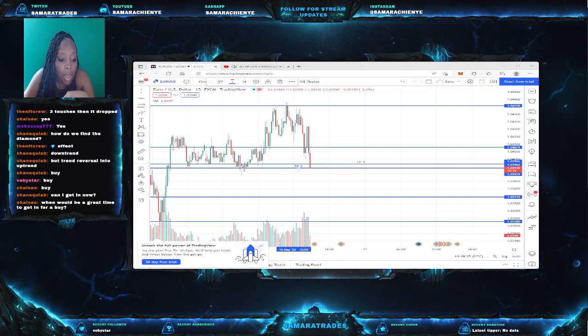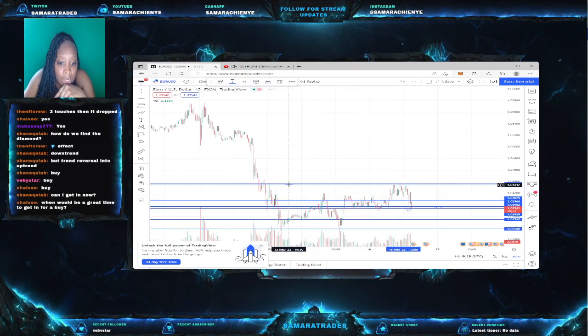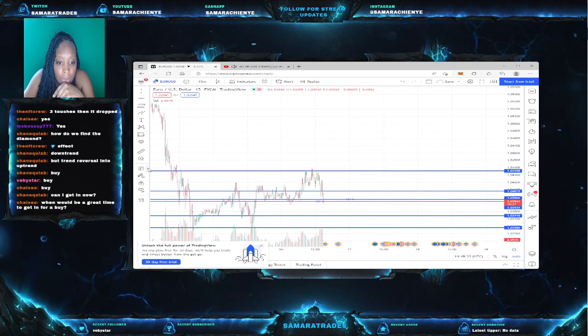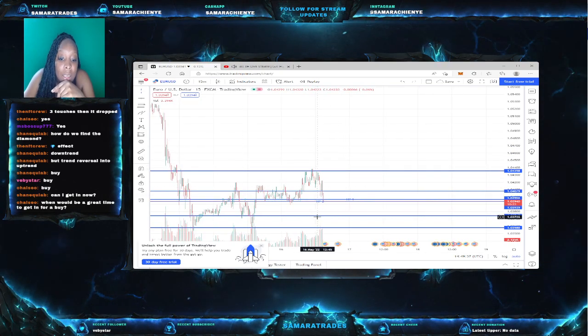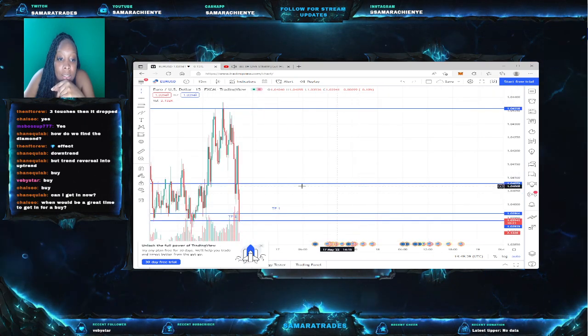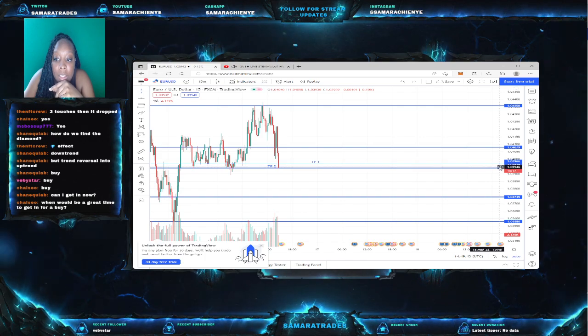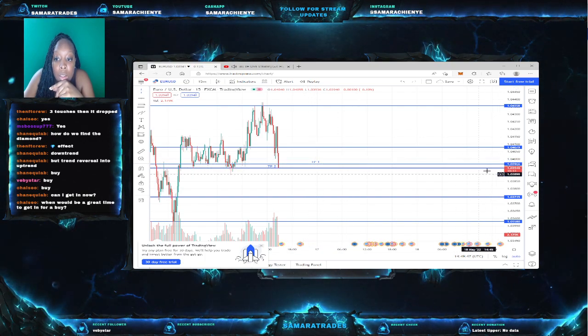All right. When is a good time to get in for a buy? A good time to get into a buy is whenever it surpasses this area here. If it reverses and it surpasses my TP1, y'all need to write that down.